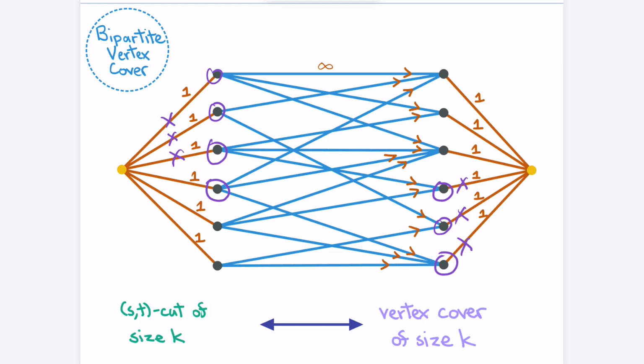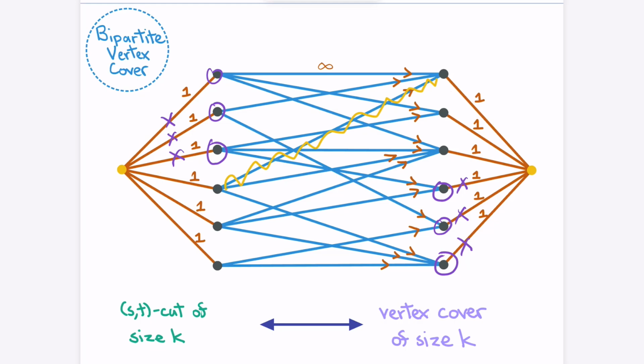So say I have an ST cut and it has to be of this format, and I want to show this is a vertex cover. Well, if it isn't a vertex cover, there's some edge that's not covered. But then I also have this path, and so it wouldn't be an ST cut. So that would be a proof by contradiction.